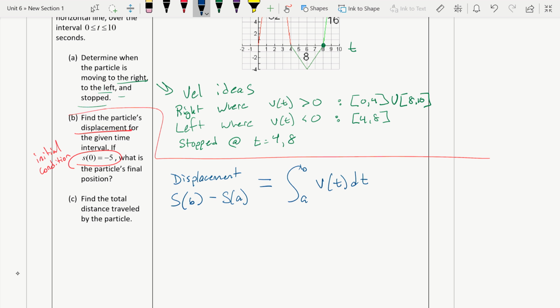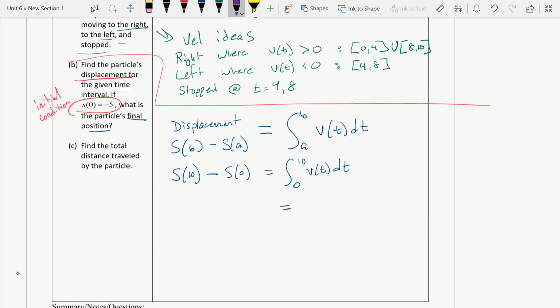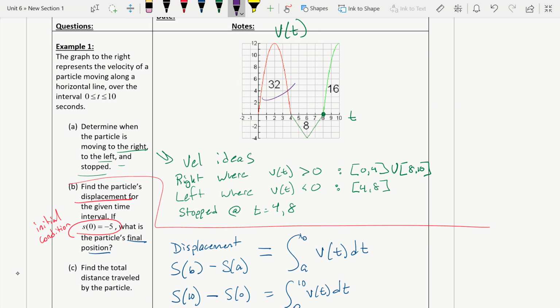So we would say final position, that would be at time 10, so the position at 10 minus the position at 0 would equal the displacement, the integral from 0 to 10 of the velocity graph. So actually, I had 2 questions here, so we should take a second to point out that that integral itself can be found by totaling up all of these areas.